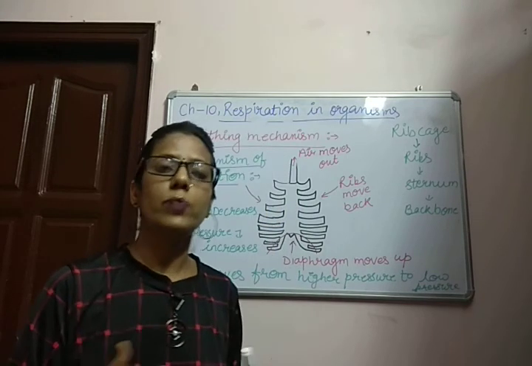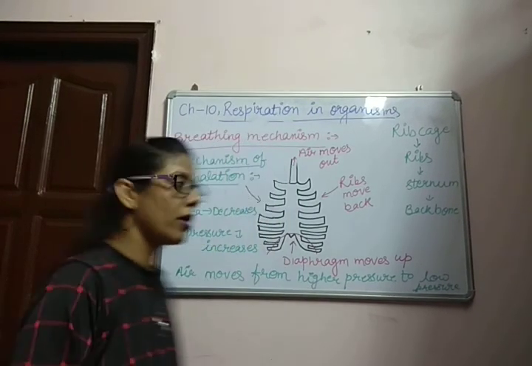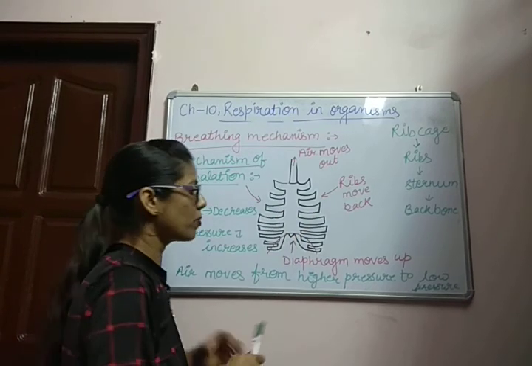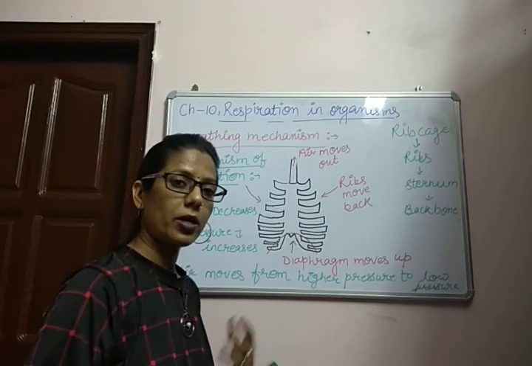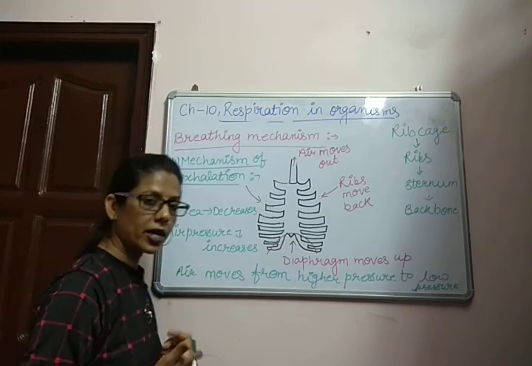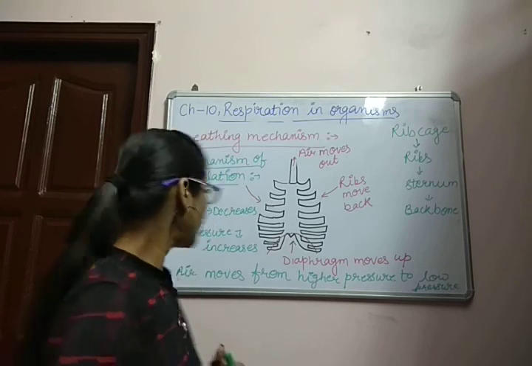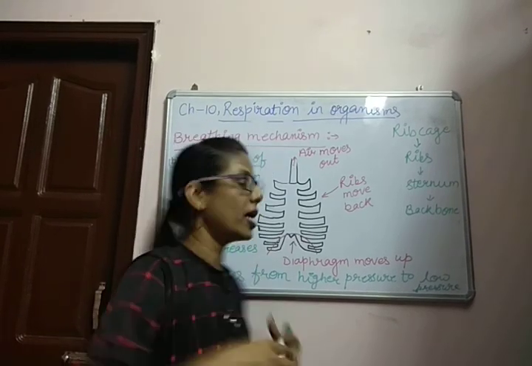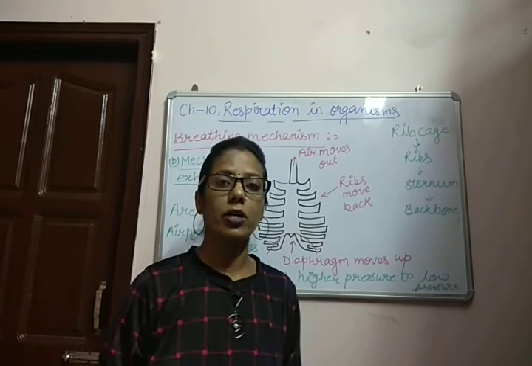So in exhalation the ribs move back to the normal position, the diaphragm moves up, the area decreases inside the chest cavity and the air pressure increases, so that we exhale carbon dioxide rich air into the outer environment.